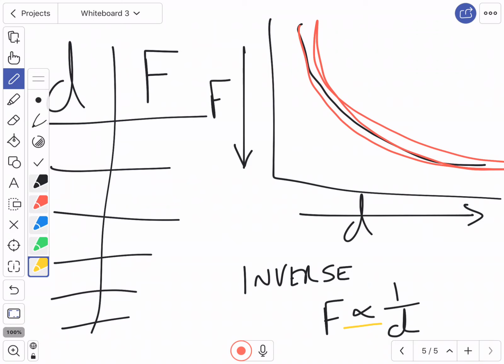Think of this as a fraction. As the number on the bottom of a fraction gets bigger, we have 1 over 1, 1 over 2, 1 over 3. What is happening to the value of that fraction? It's getting smaller, right? 1 over 1, 1 over 2, 1 over 3.